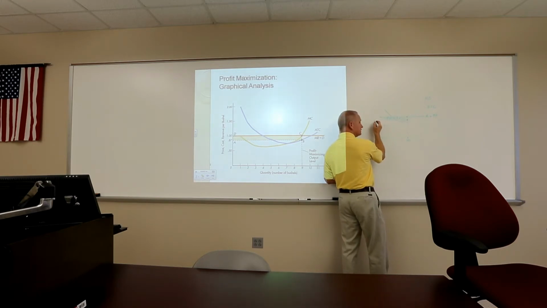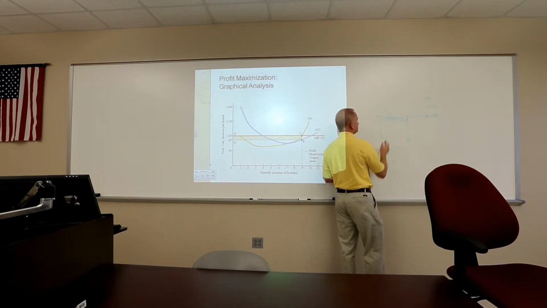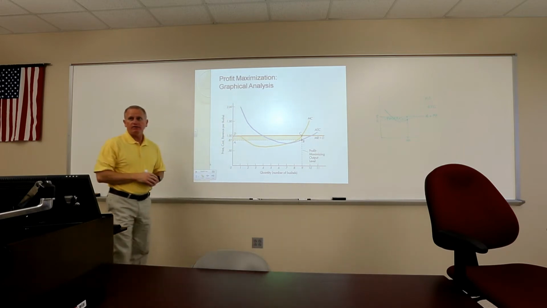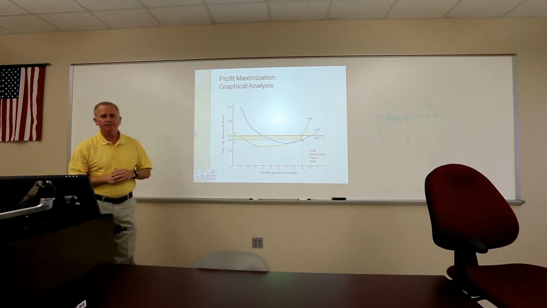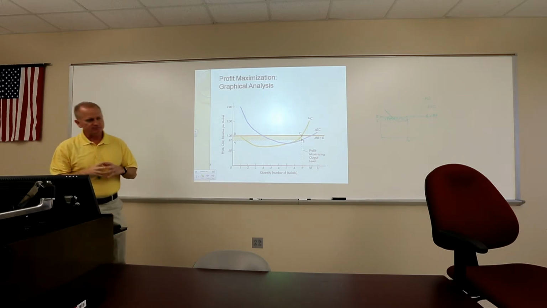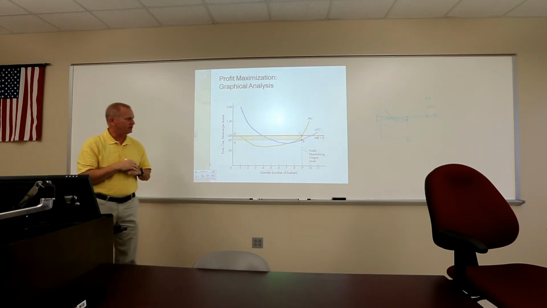And then, of course, over on this axis, I would give you numbers too. If this was 8 and this was 6, then the area of that rectangle would be 20. 2 times 10. So again, you won't see the shade. You just have to figure out where that shaded area would be.